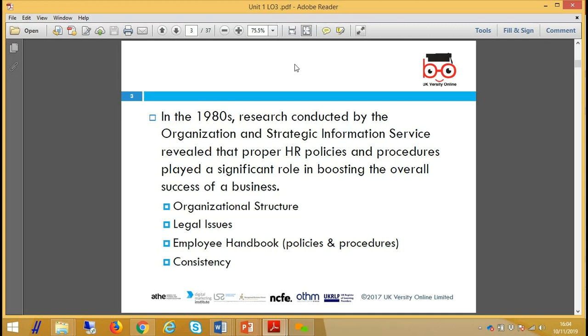One is clarifying organizational structure, second is legal issues, which we'll look at quite a bit today, the employee handbook in terms of wider policies and procedures, and then the issue of consistency, which is very important for HR.